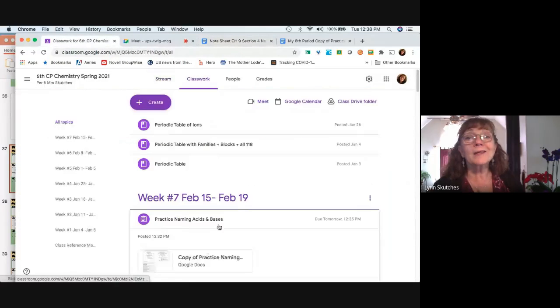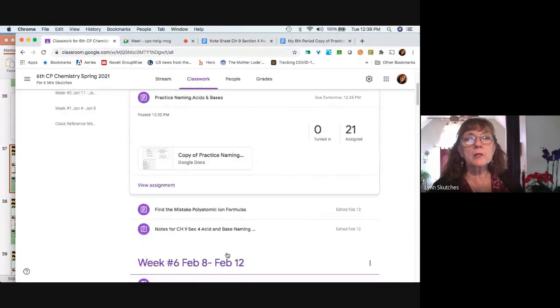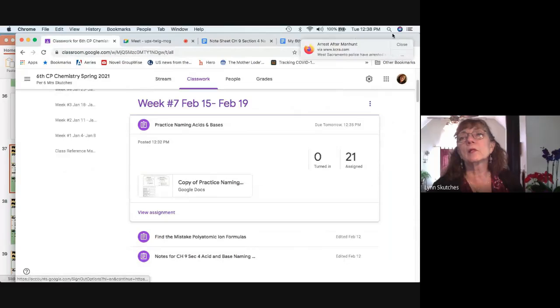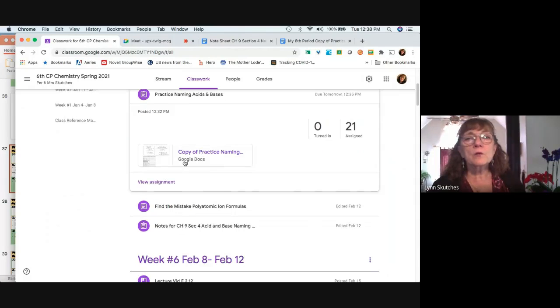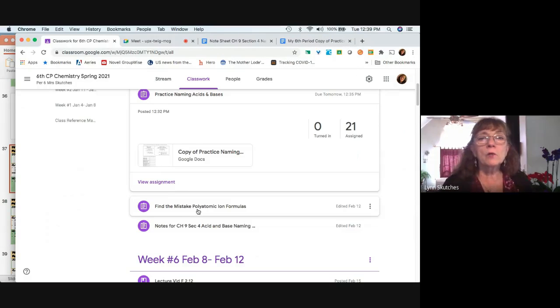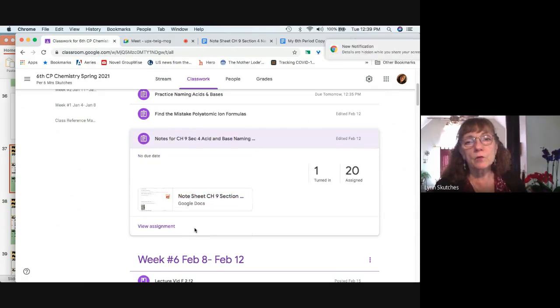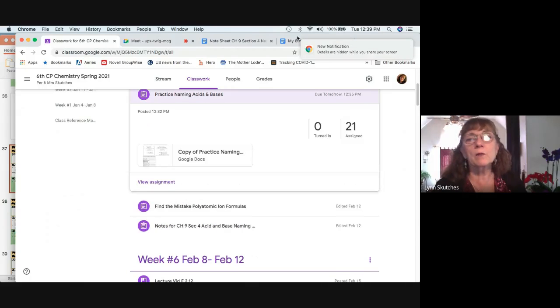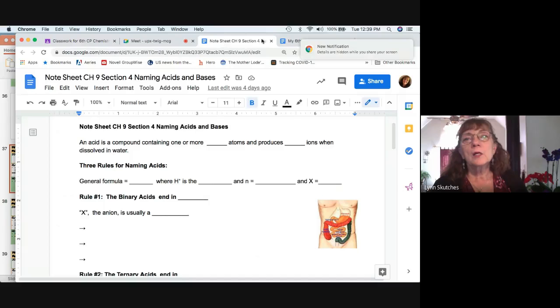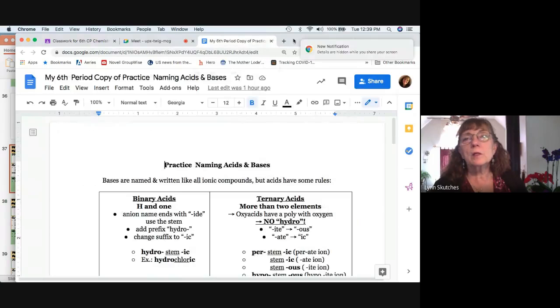I moved it from week 6 into week 7 so that you can find it more easily. And then also there's another document on it that's going to be what I want you to do for homework. So we'll get to this mistakes in polyatomics tomorrow, but this is the note sheet and this is the homework. Okay. And so I'm going to close that and we'll come back to that.